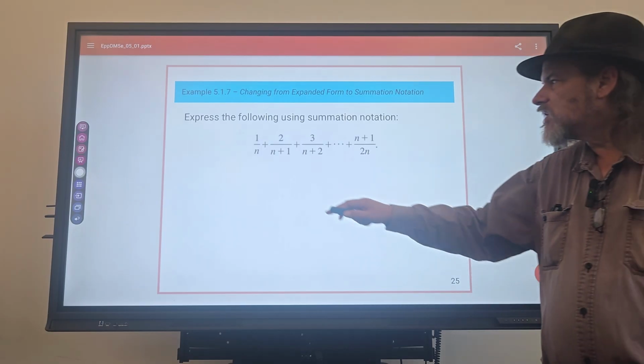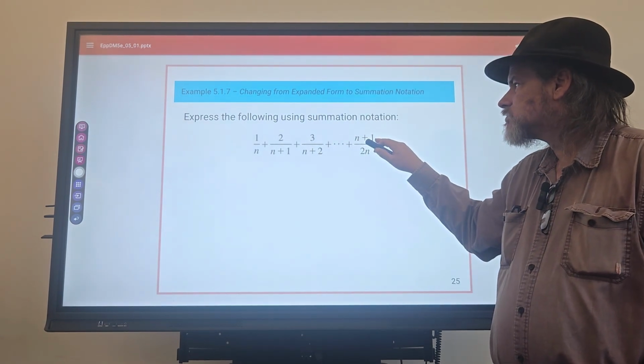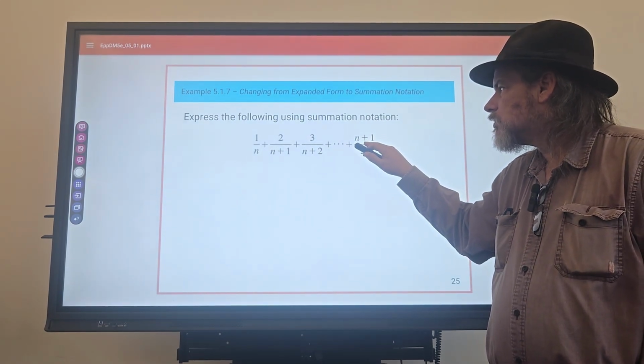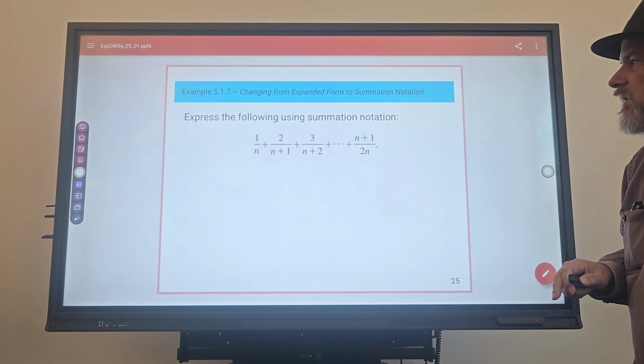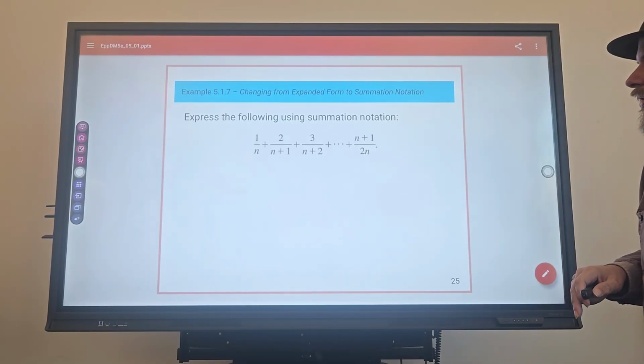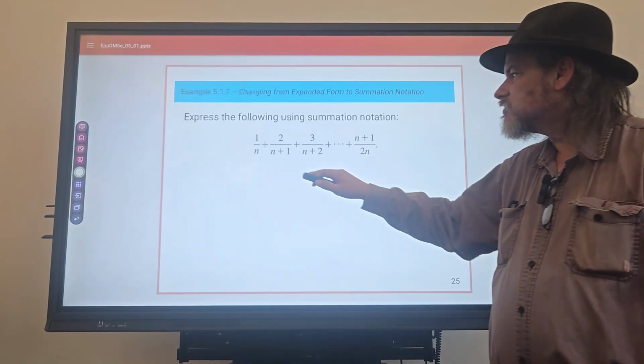K is going from 1 to n plus 1. Or we can have it as 0.